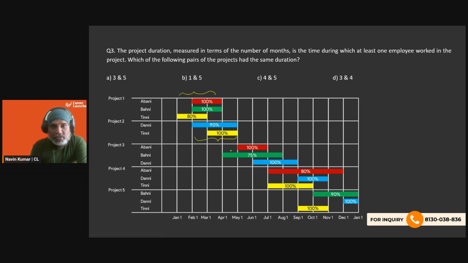If you look at project three, this stretched on for a total of 5 months. Project four stretched out for 5 months. And project five stretched on for 4 months. So we need to find which pair had the same duration. 3 and 5, no. 1 and 5, no. 4 and 5, no. 3 and 4, yes. Each of these two projects went on for 5 months.